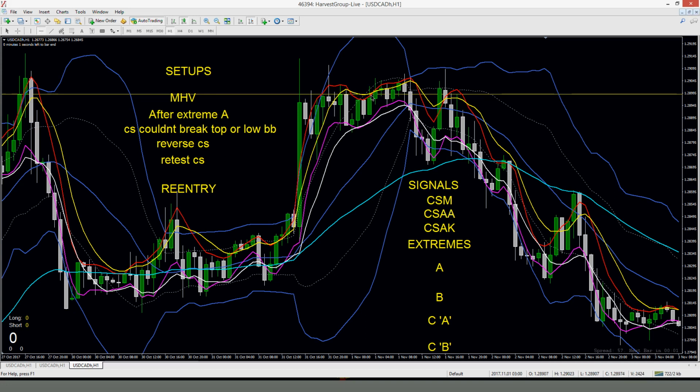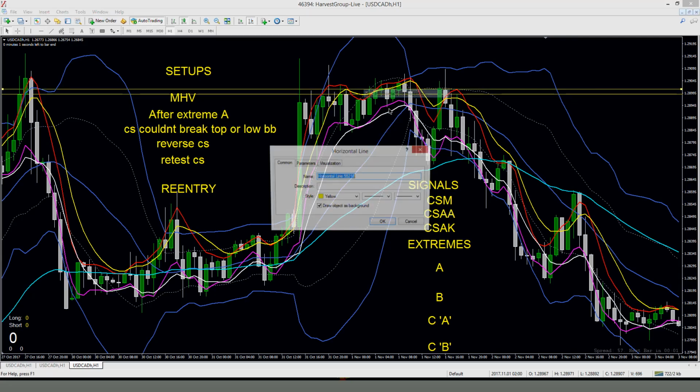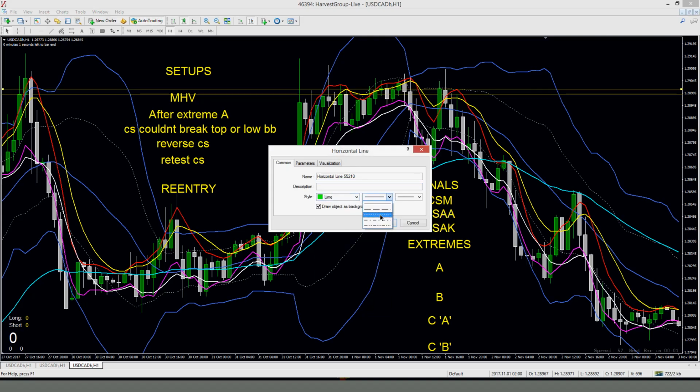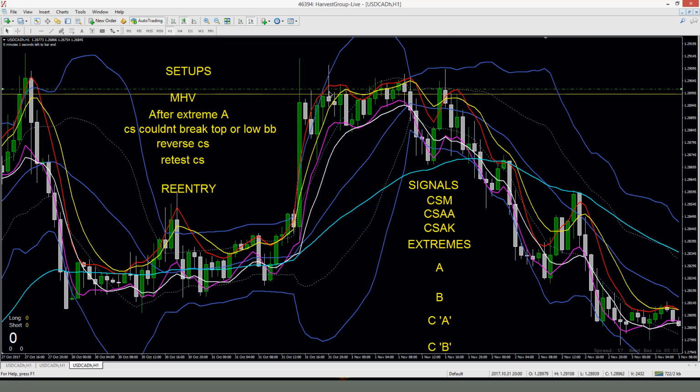Let's say this candle over here, the first retest goes up here, so we enter sell. This is just an example that we enter sell at this particular point.